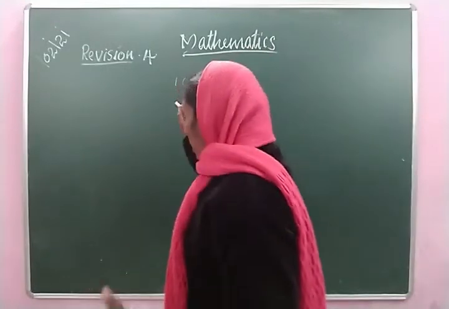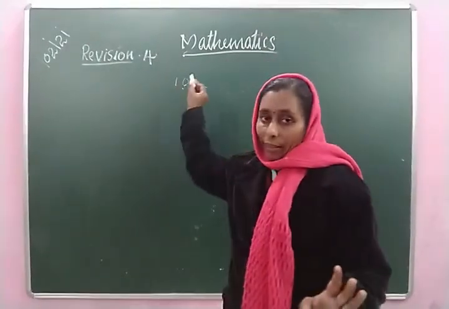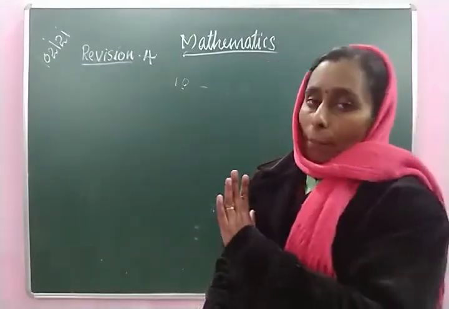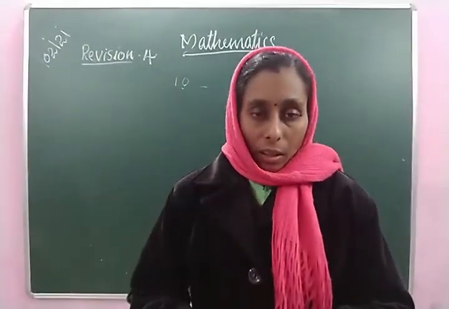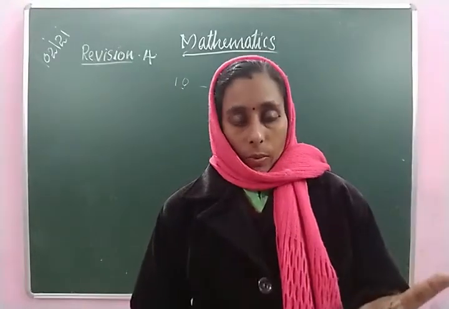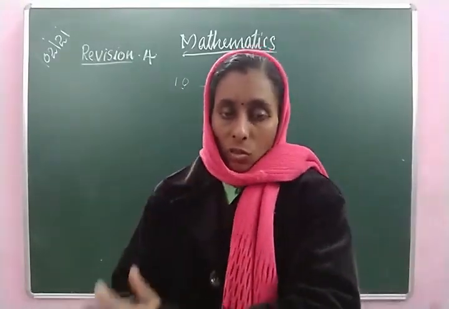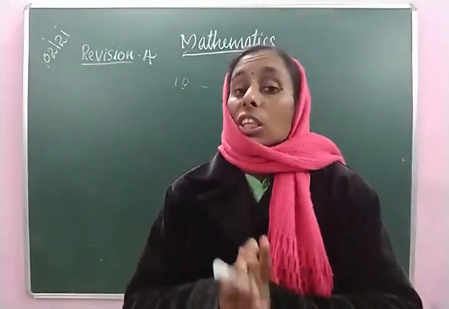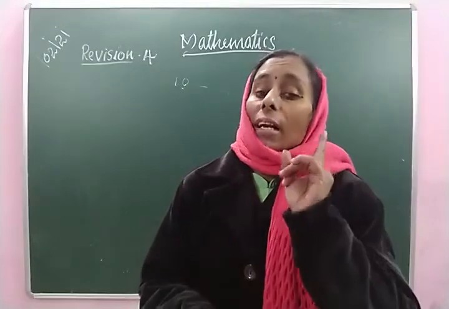You just have to remember that. So the last digit, the ones place, changes into the remainder, and the rest of the number changes into the quotient.